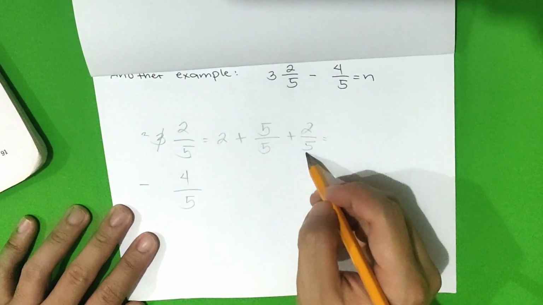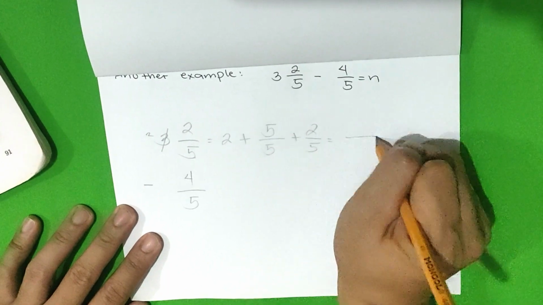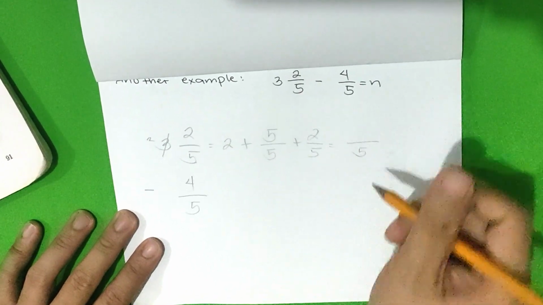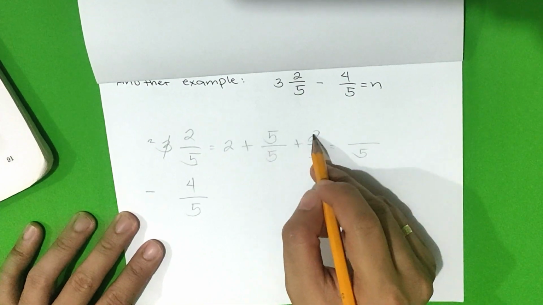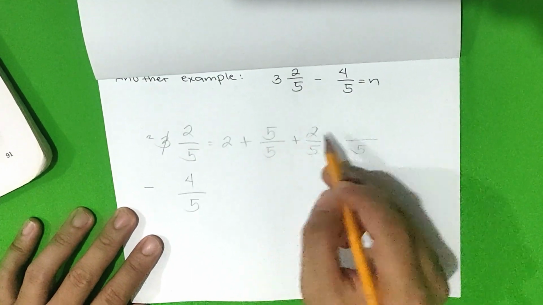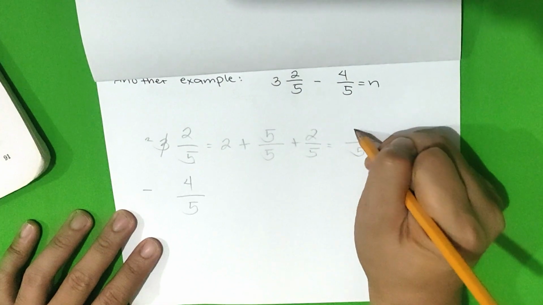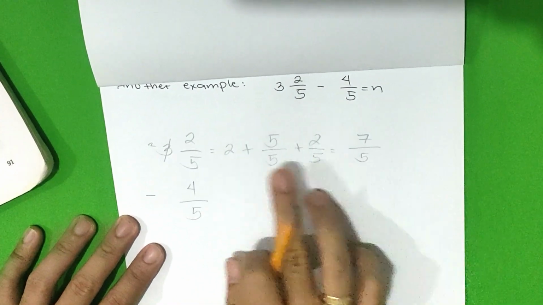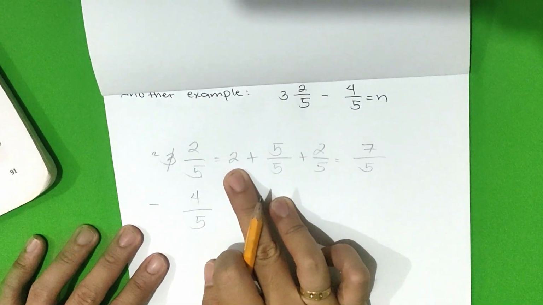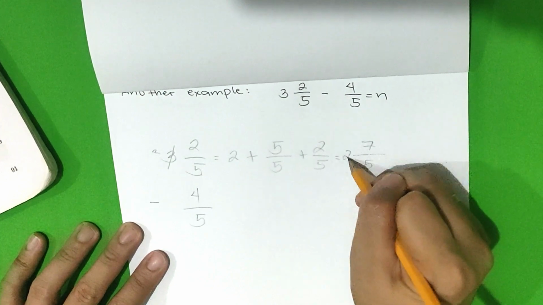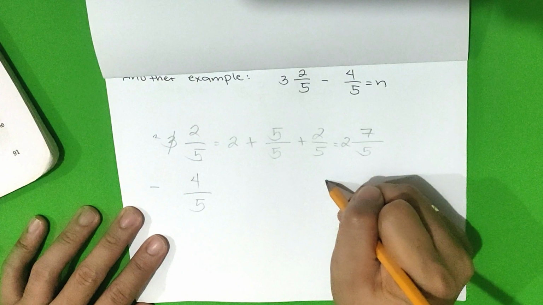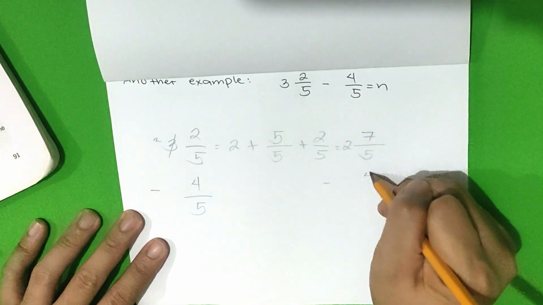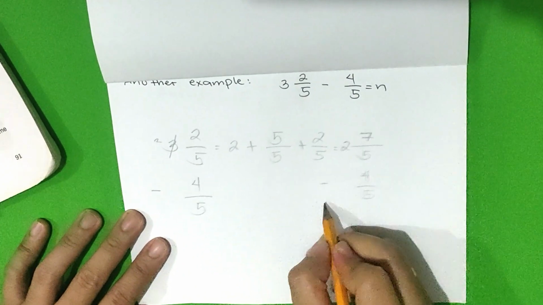Let's add the similar fractions. Copy the denominator 5, then proceed to adding 5 and 2. 5 plus 2 is equal to 7. And let's add the whole number 2. And now, we can subtract 4/5.